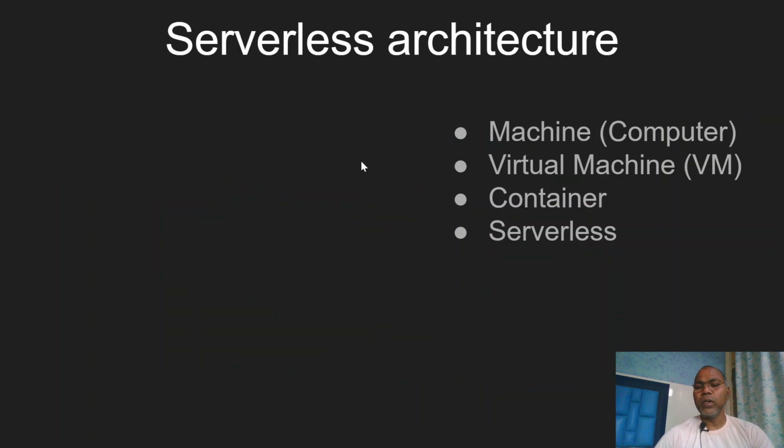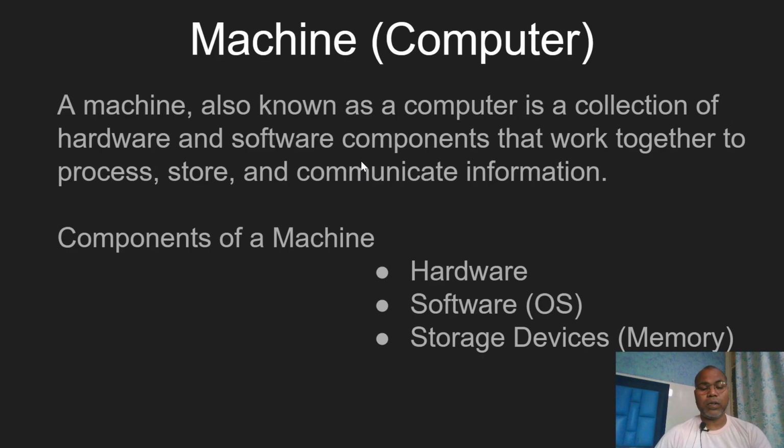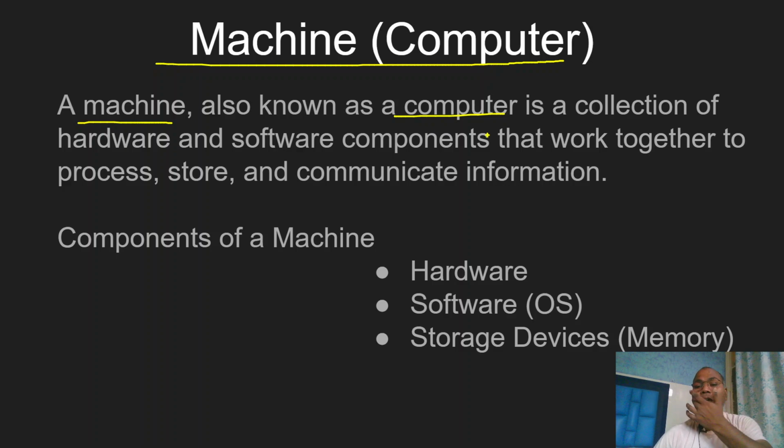Okay. So I'm just giving the overview about machines, virtual machines, and containers. As everyone knows, machines, or you can say any device, are also known as computers. In our day-to-day language, sometimes we say, deploy this on a machine or server. Machine, server, or computer are synonym words we use in system design.